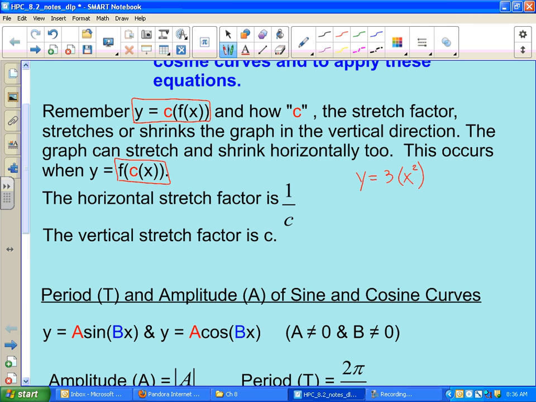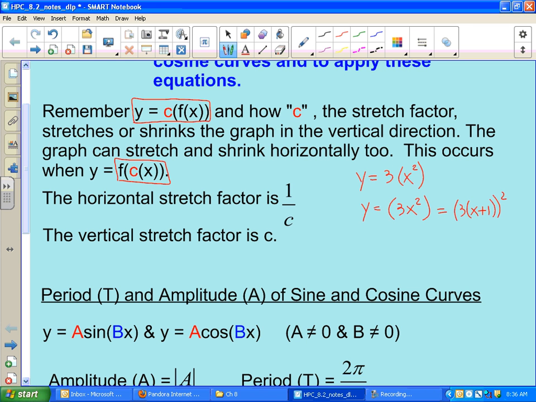So with the C inside the function, as an example of what that might look like, if we use the same value but now I put the 3 on the inside with the x squared, something like that, or maybe we have 3x, and I'm going to throw a little translation in there as well, which we'll talk about later.